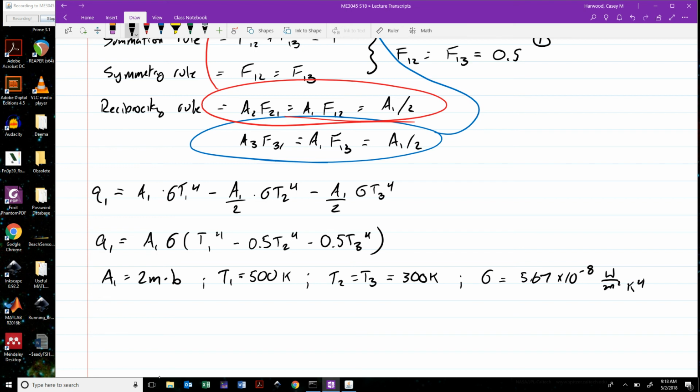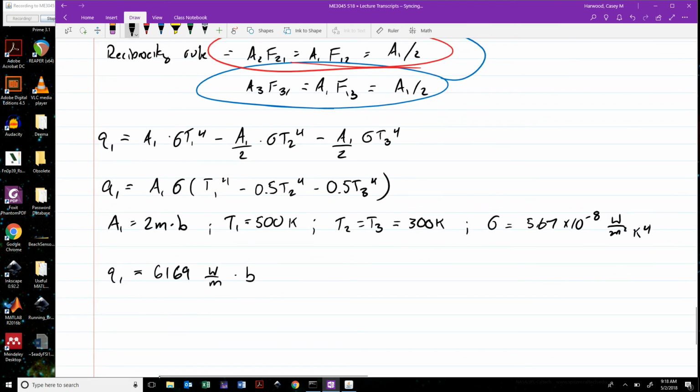We'll end up with Q1 equal to 6,169 watts per meter times B. So Q1 over B, the heat transfer rate per unit depth into the page, just works out to 6,169 watts per meter, and we're done.